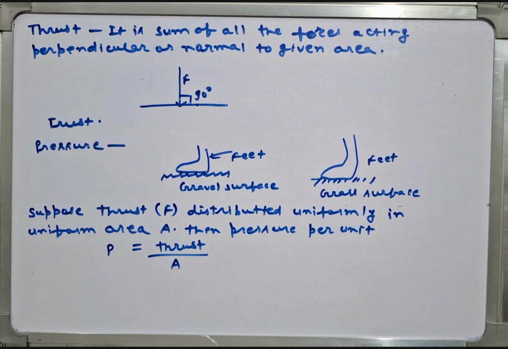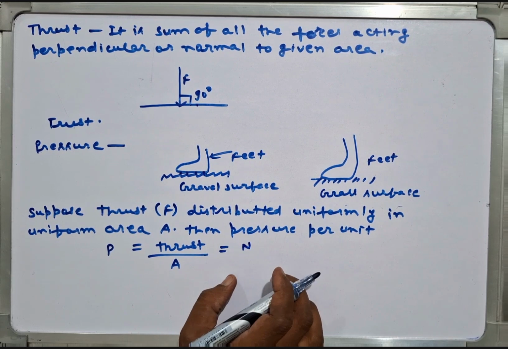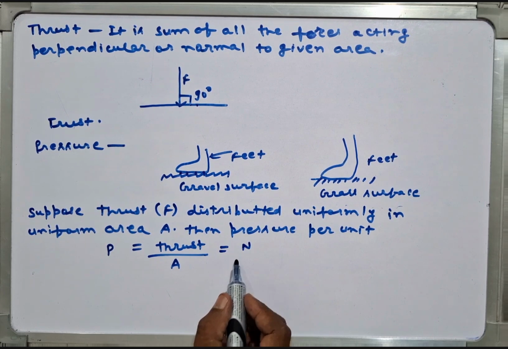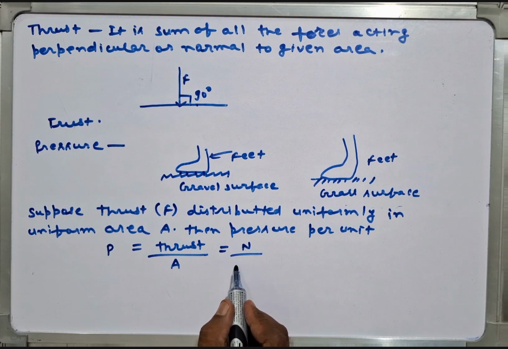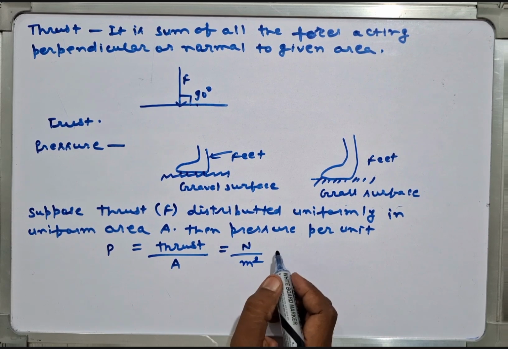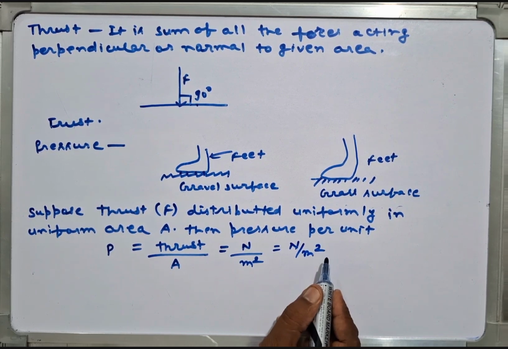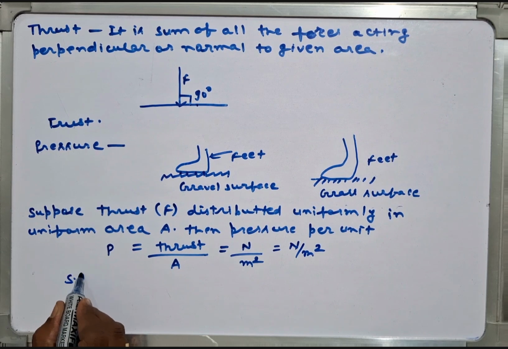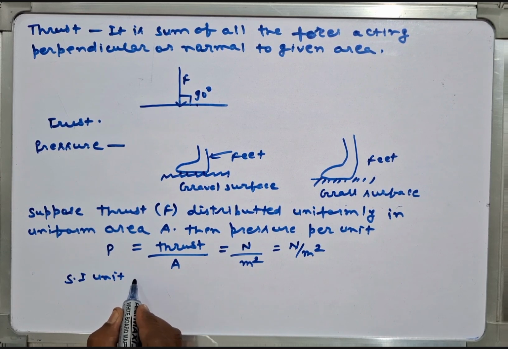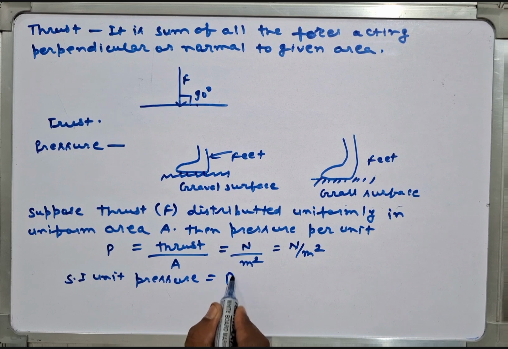You can say the unit of thrust is the Newton. It is a kind of force which is acting normal to the surface, and area is measured in meter square. So the unit is Newton per meter square, or the SI unit of pressure is the Pascal.